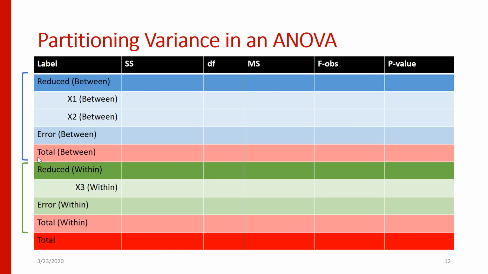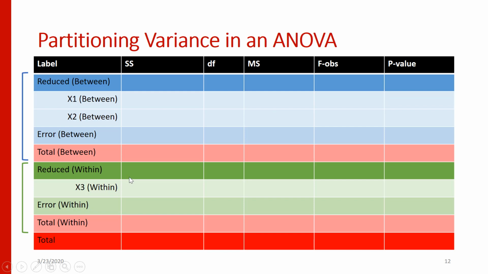In this example, let's say that we had two between subject variables, x1 and x2, and one within subject variable, x3. By putting those variables into the model, we can say what sum of squared errors is accounted for by x1, by x2, and by x3.